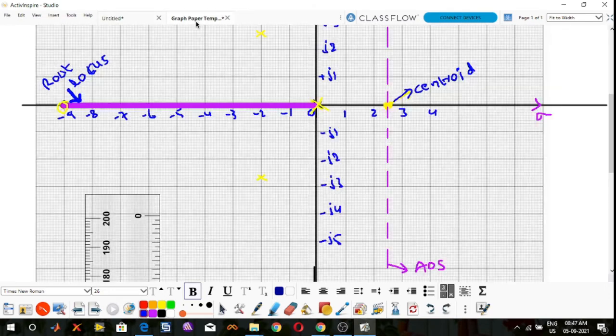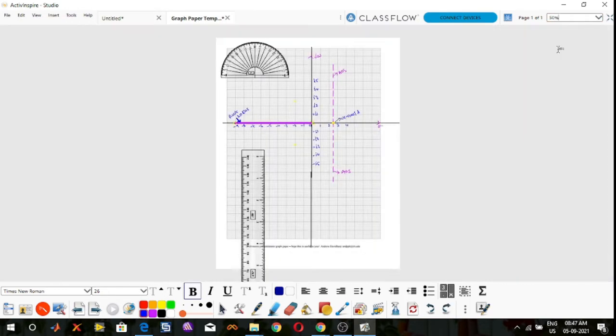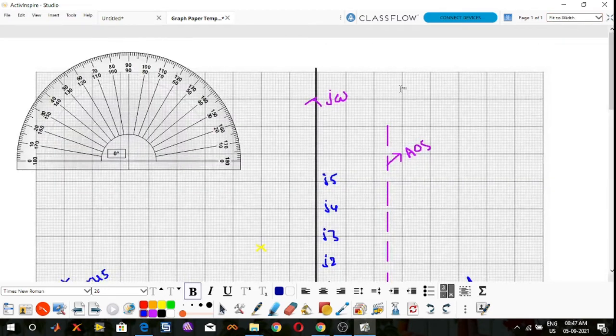These are the typical sketches of the root locus. So that is step number 4.